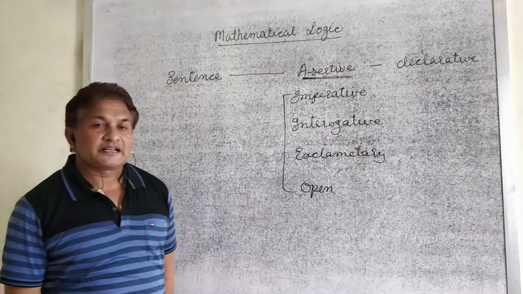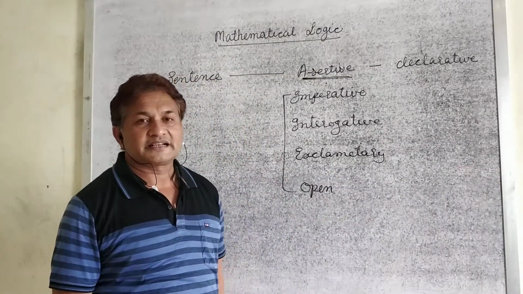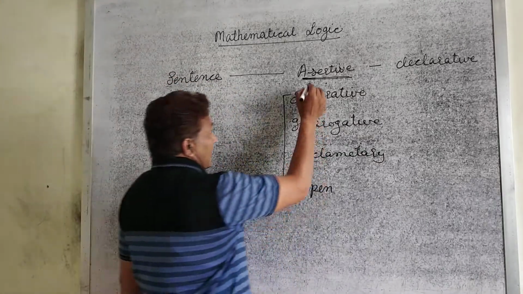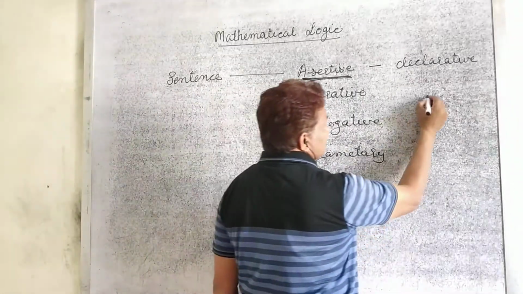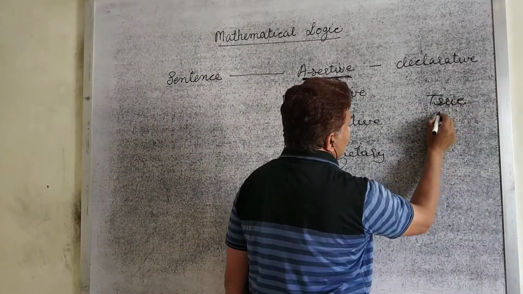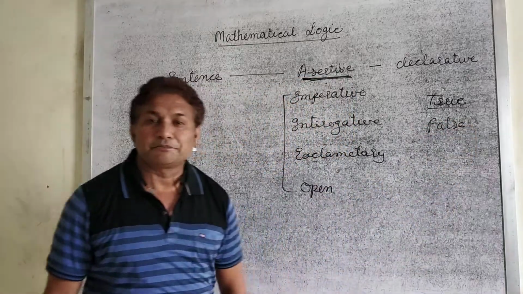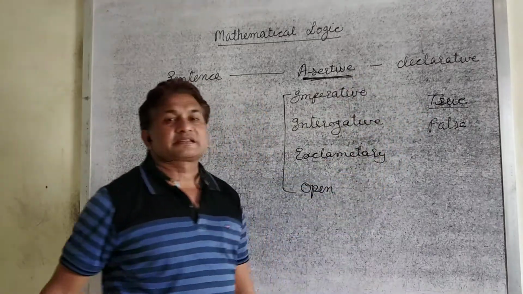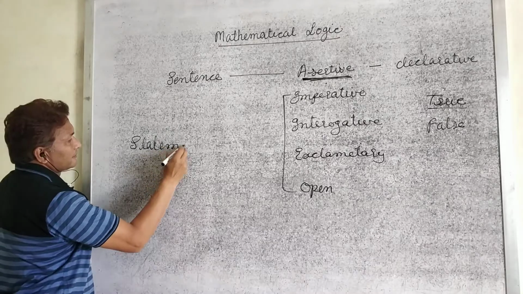What is meant by declarative? It gives a proper value, either it is correct or false. So, an assertive sentence which has either a true or false value, but not both simultaneously, that type of assertive sentence is called a statement.